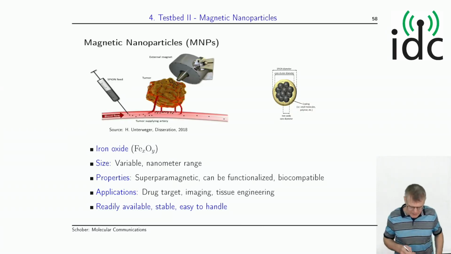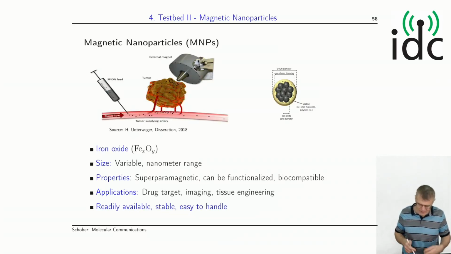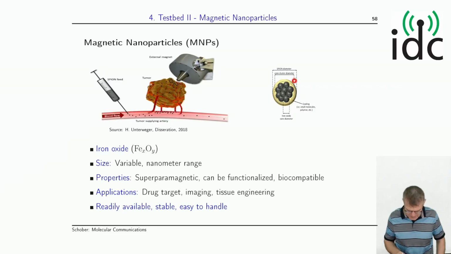Now, one nanoparticle is not exactly one iron oxide molecule or compound, but a collection of them, right, that typically agglomerate together in this iron oxide core. And then in order to prevent more of these compounds from sticking together, usually they are coated with some polymer material.